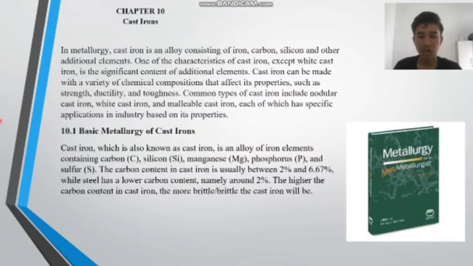The higher the carbon content in cast iron, the more brittle the cast iron will be.